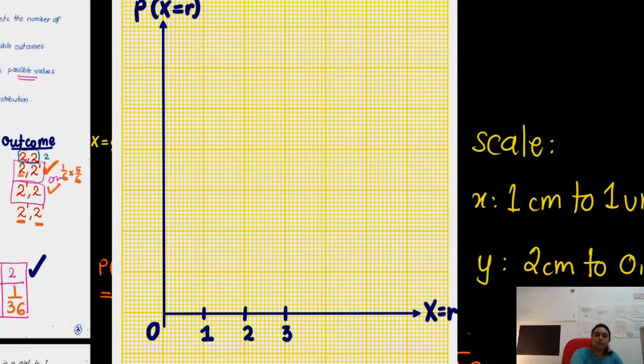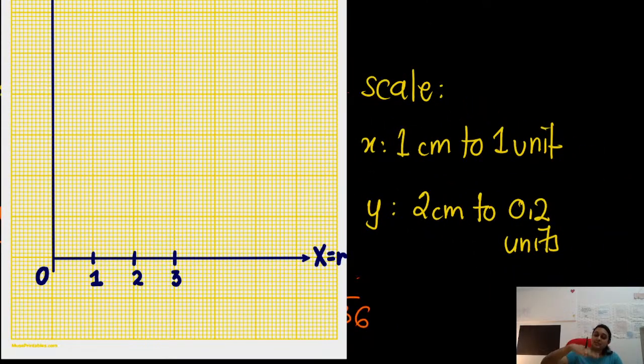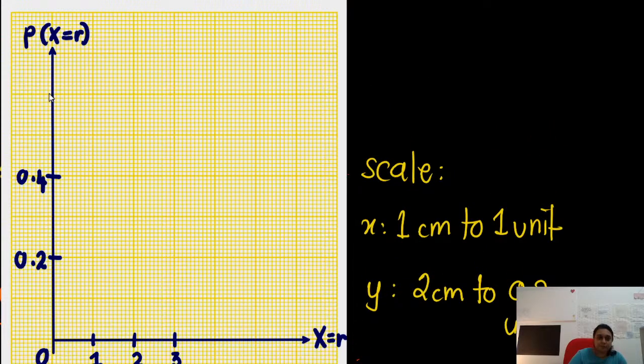For this one we use 2 cm. 2 cm is 20 boxes. Just double check with your graph: 1 cm, how many boxes? 2 cm, how many boxes? So here is 0.2, 0.4, then go up 0.6. I think I need to increase one more here. Let me increase my graph.